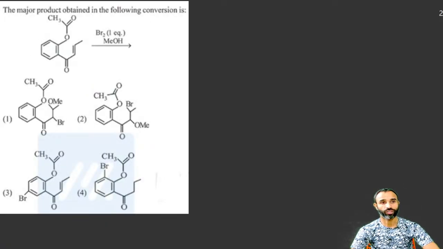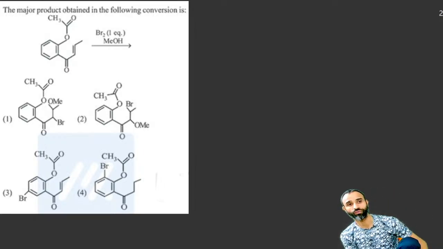Okay. Major product obtained in the following conversion is. So see, we have one equivalent of Br2, so it is mentioned that only one molecule of bromine reacts. So how many functional groups do we have?